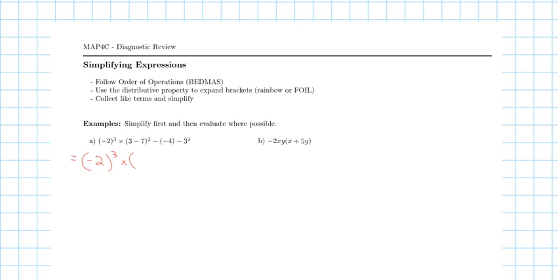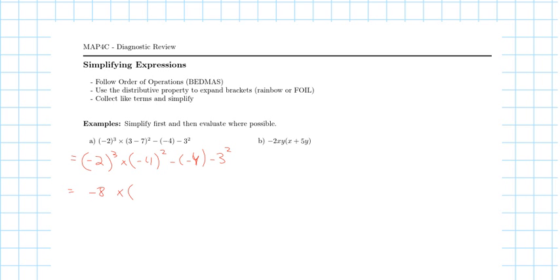So 3 take away 7 is negative 4 squared, minus 3 squared. I dealt with whatever is inside the bracket, then I have to do the exponents, the terms that have exponents. In this case, negative 2 cubed gives me negative 8, times 16.